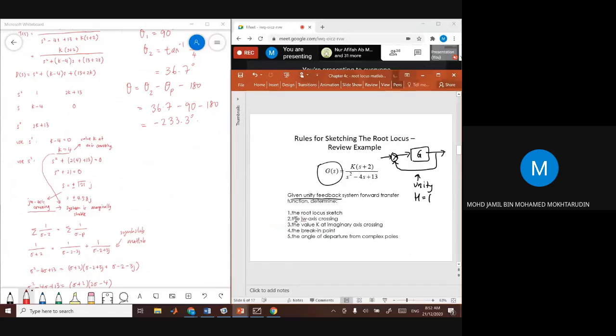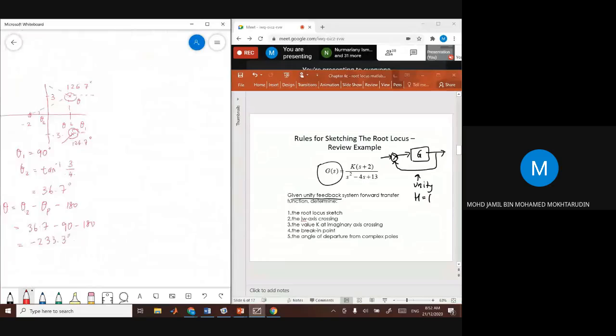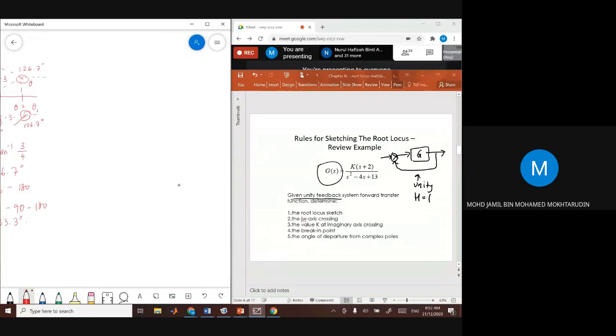So we get question 2, 3, 4, and 5. So now let's sketch the root locus. So to sketch the root locus, first you need to plot all the poles and zero.